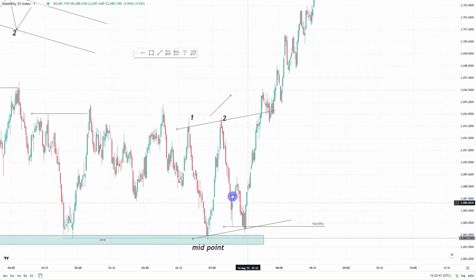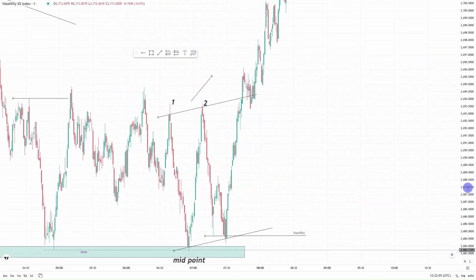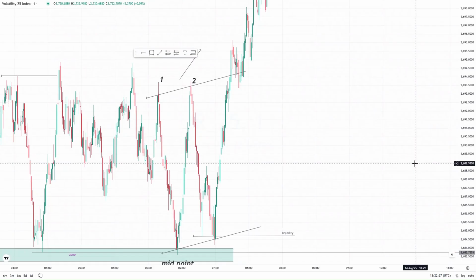From here we can call it, and notice how we're getting a push after that. Momentum has kicked in now, volume has kicked in.